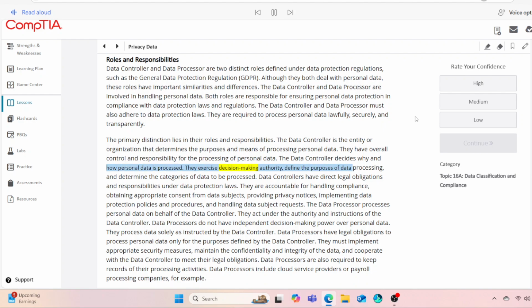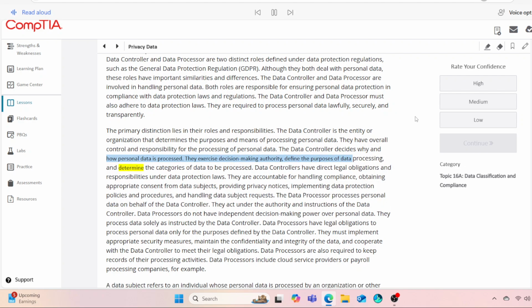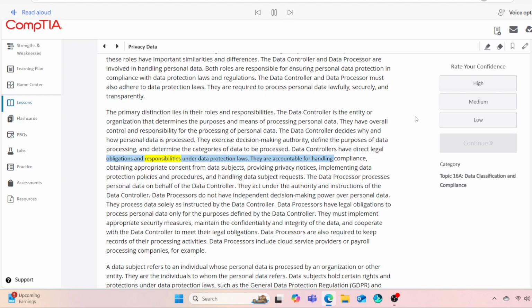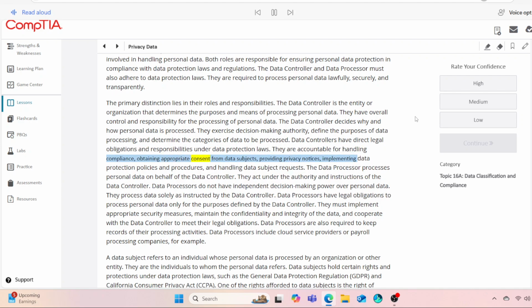They exercise decision-making authority, define the purposes of data processing, and determine the categories of data to be processed. Data controllers have direct legal obligations and responsibilities under data protection laws. They are accountable for handling compliance, obtaining appropriate consent from data subjects, providing privacy notices, implementing data protection policies and procedures, and handling data subject requests.